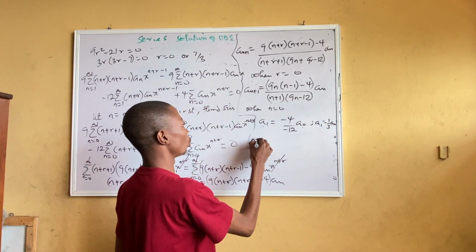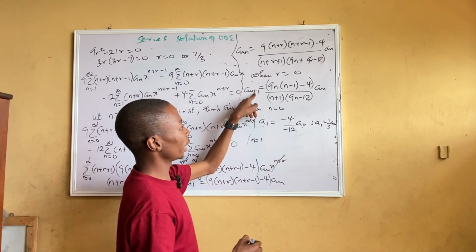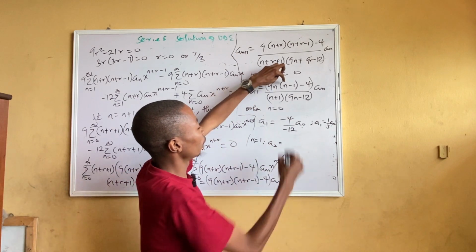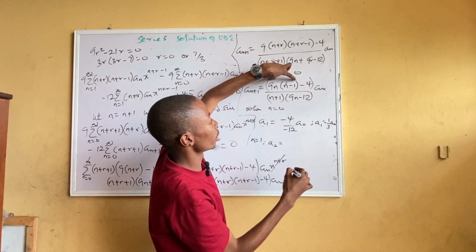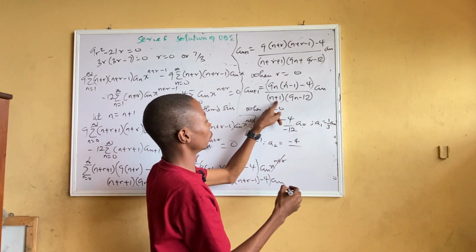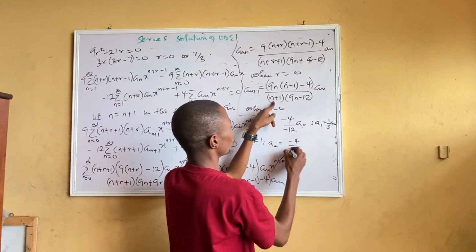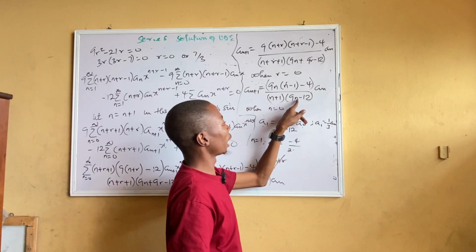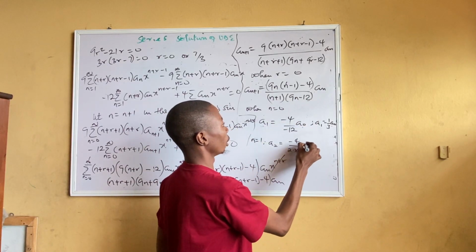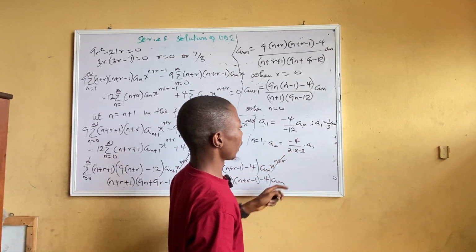Then when n equals 1, this one will be a2. If n is 1, we are going to have minus 4 over, 1 plus 1, 2, times 9 minus 12, minus 3, and this one will be a1. And what is our a1?